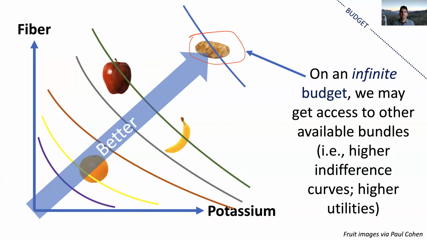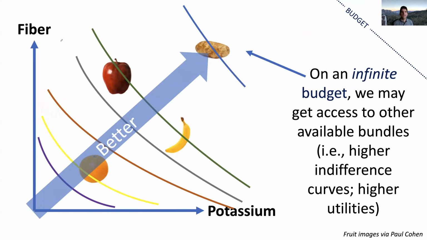There are a bunch of potential foods, if they could manage to synthesize a food with a different mixture of fiber and potassium. If they were to trade off the fiber and the potassium in such a way that it landed on this indifference curve, I would pick those foods equally as likely as I'd pick that potato. But so long as I only have the potato, I would pick that potato more than any of the rest of these foods.